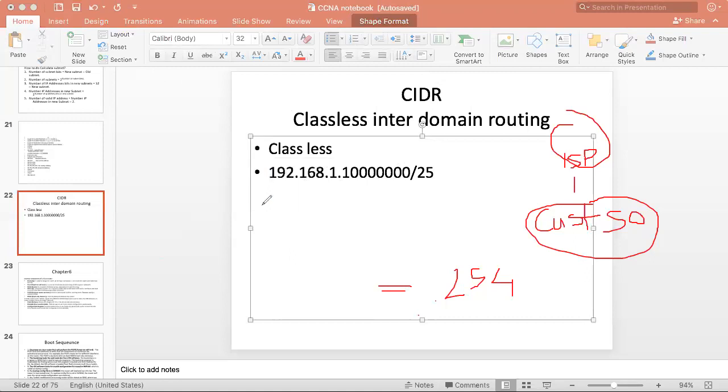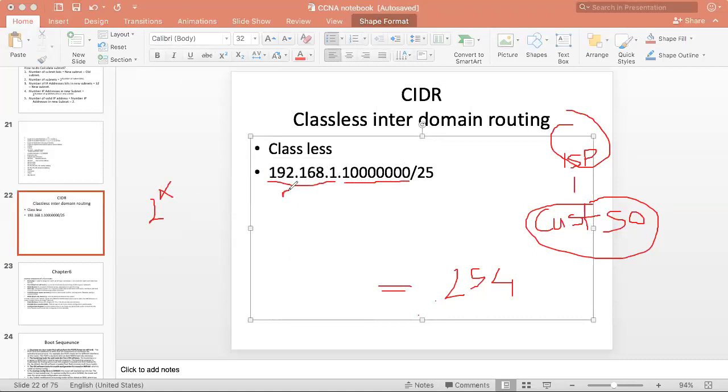All right. So to get the number of networks, the formula was 2 to the power x, isn't it? Here, this is the default 24 bits.